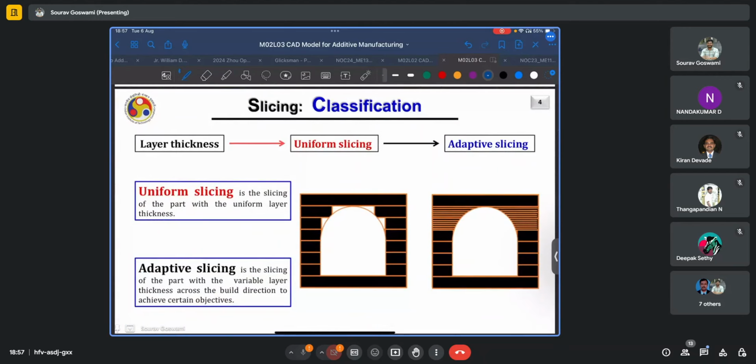When slicing, the layer thickness or the interplanar gap between two slicing planes becomes important. So you can have either uniform slicing, where the gap between such slicing planes remains constant irrespective of the geometry that you're trying to capture, or the slicing can be adaptive, where based on the geometrical feature of your part, such as this curved arch here, we can modulate the slicing thickness.